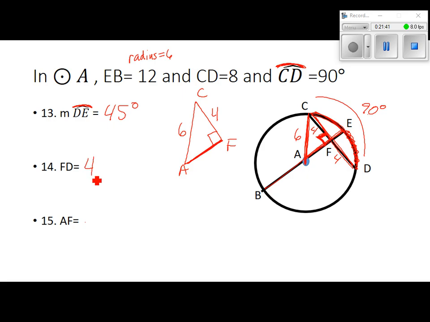Several different ways we could find AF. Again, we could use Pythagorean theorem, and that's what I'm going to do here. But we could also look at this angle right here. This arc is 45 degrees from here to here. That means that angle has to be 45 degrees.